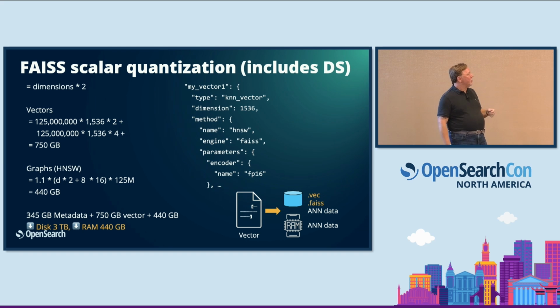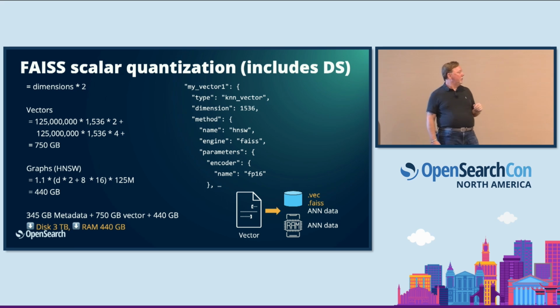Our vectors then are 125 million times 1536 times 2, plus 125 million. Because we have the .vec file, we also have a .faiss file. So we have to actually do these twice, ending with 750 gig.